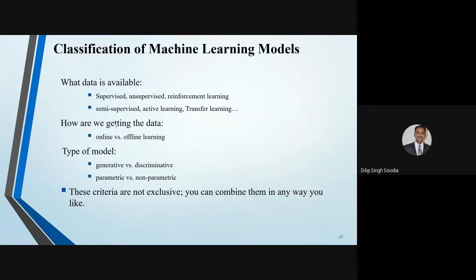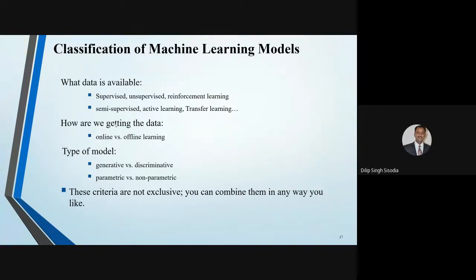So first we'll see how we are getting the data, whether this is online or offline. Online, offline means, in a machine learning algorithm, just suppose we want to use 100 samples.